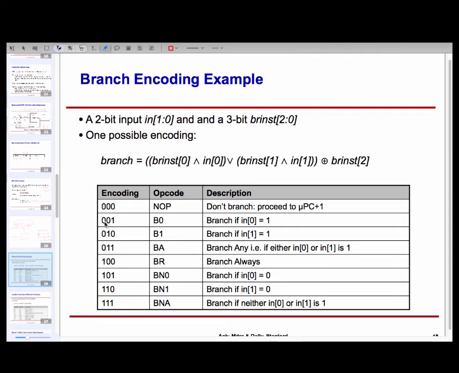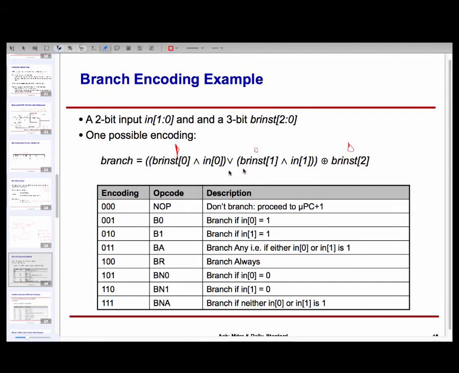Let's imagine branch instruction is 0, 0, 1. In that case, branch instruction 0 is 0, branch instruction 1 is 0, so this initial part is all 0, but this guy is 1. Sorry, did I misplace something? Yeah, this one is 1 and this guy is 0.